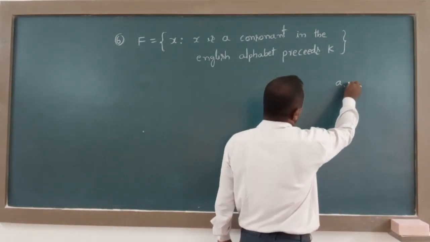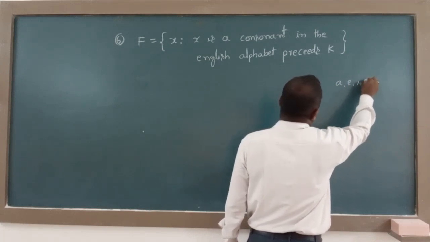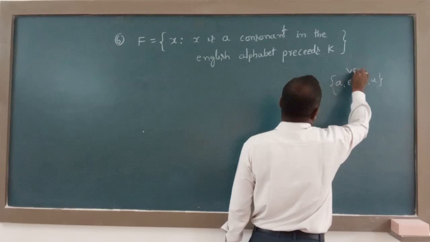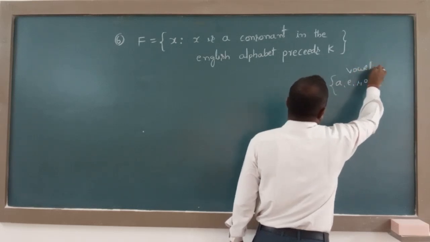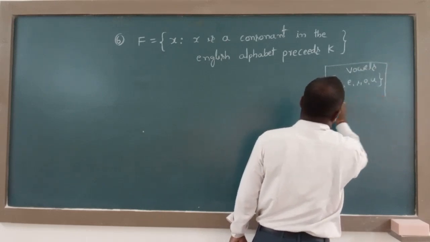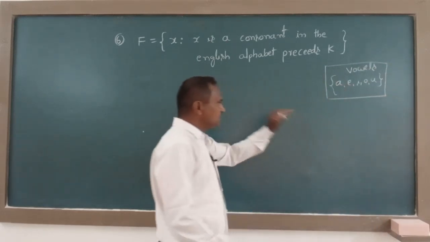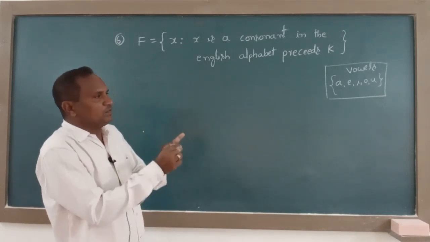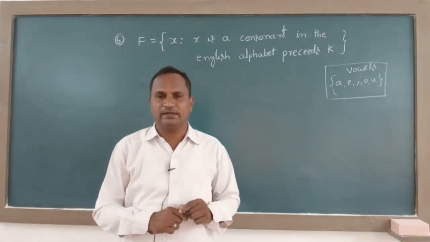A, E, I, O, U are the vowels. But the remaining letters are all consonants. Other than those letters, whichever letters you get before K, we must list them here.